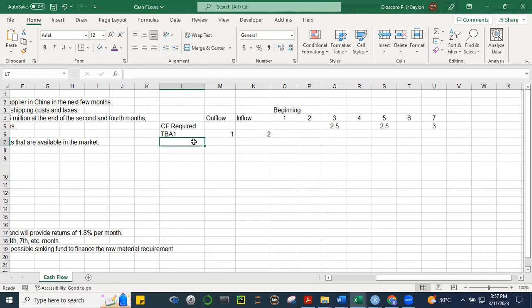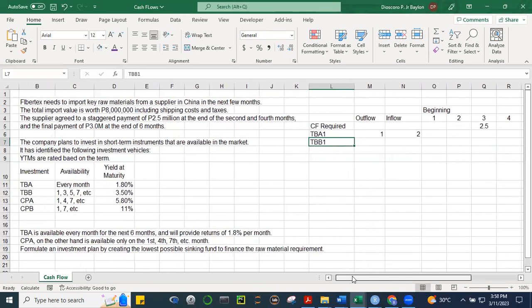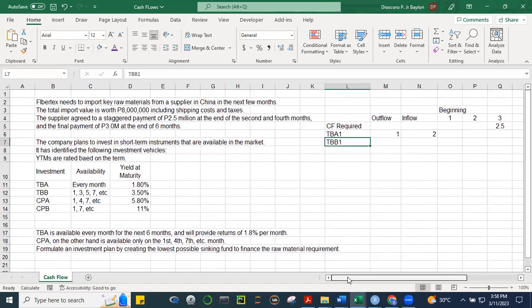Okay, so what are the others, class? How about TBB, TBB 1? Can we invest in month 1 for TBB? Because we have 4 types of investments.